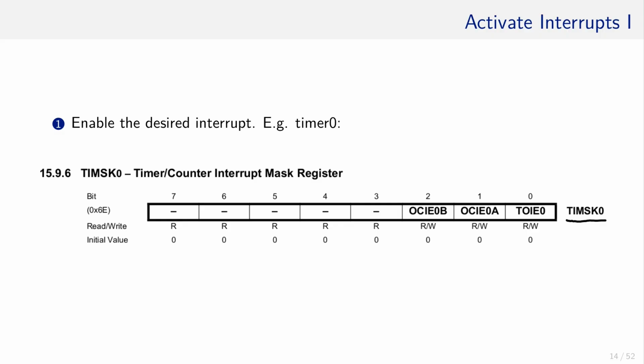The one for timer 0 has only 3 fields: 1 bit for the interrupt of compare unit B, 1 for compare unit A, and one for whether the overflow should be able to cause an interrupt. Depending on which field is set, the interrupt is being activated. These are the local interrupt activation bits.